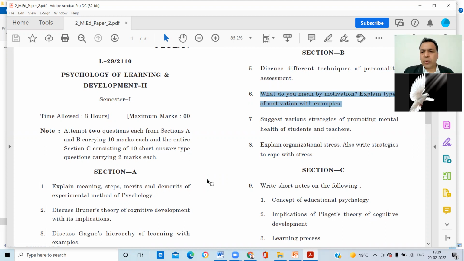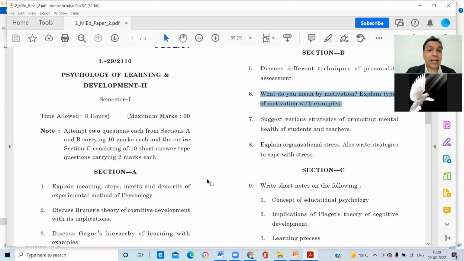So guys, first you have to define the motivation. This is the motivation, about 5 or 6 lines. Even you can give 1 or 2 definitions of motivation, but maximum up to 70%, 75%, 2.5 pages, 2 pages, you have to define about types of motivation, right?